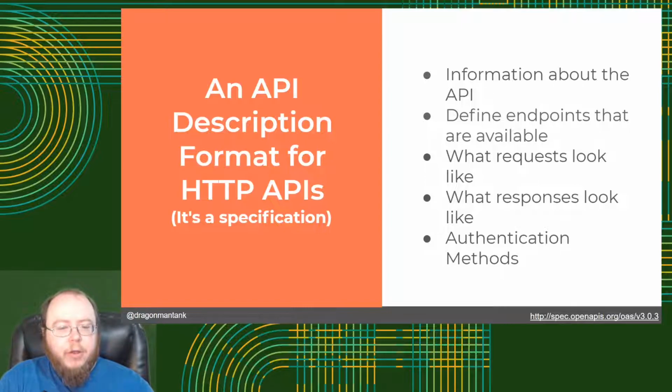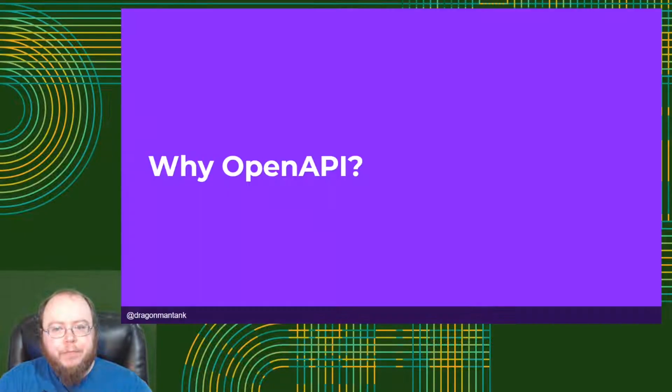Also, if you're coming from a homegrown API that doesn't really follow any major output formats or URL structures, or maybe you're not using anything that's RESTish, you might be using something like RPC or some other API format, OpenAPI itself doesn't care. It wants to just make sure that you can actually describe and document your API no matter what kind it is. And while it does have some leanings toward REST based on its own past, OpenAPI wants to help you describe your API as long as it works over HTTP.